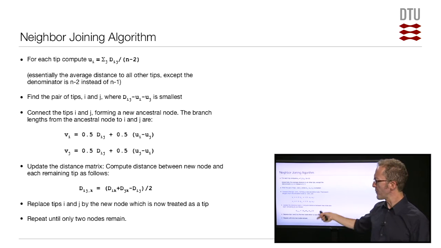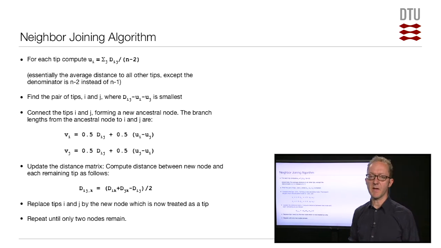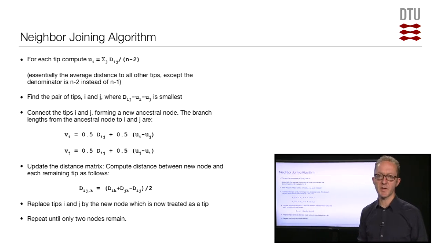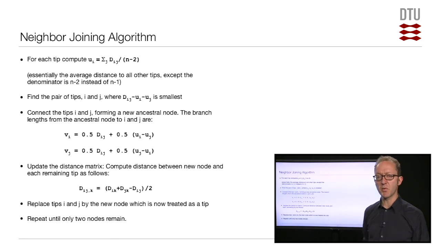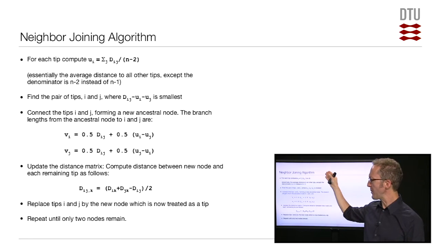So I've put on this slide the entire algorithm, the entire recipe for doing neighbor joining. In principle, if you know how to program a computer, you can take this slide and make a small computer program that will take as its input a distance matrix and then construct a neighbor joining tree as its output, just by following the steps on this single slide. So I'm going to just rapidly read through it.